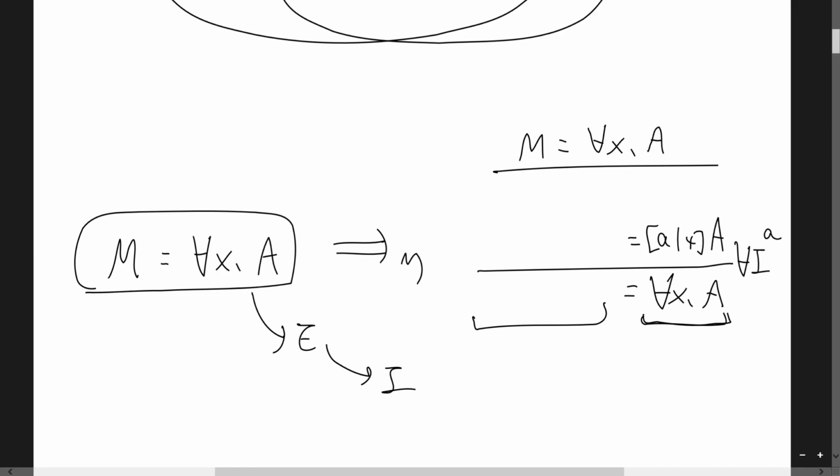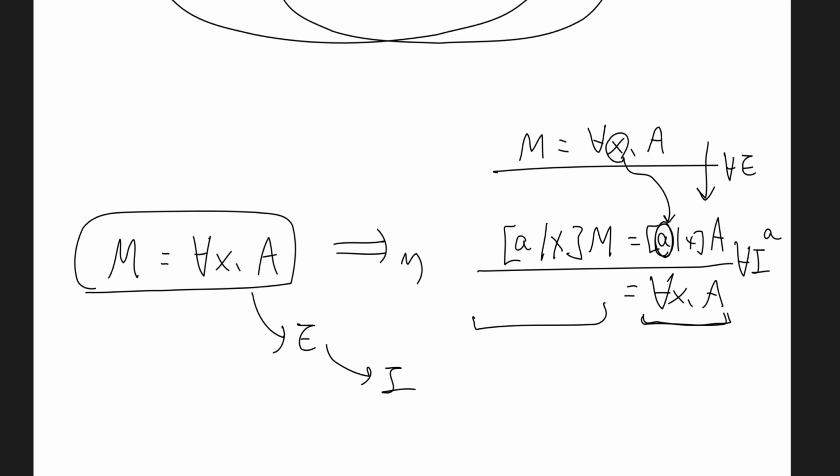Then to go this way, it's just a matter of applying the for all elimination rule with this term a. So let's replace this x with a, then we would have M where x has been replaced with a.